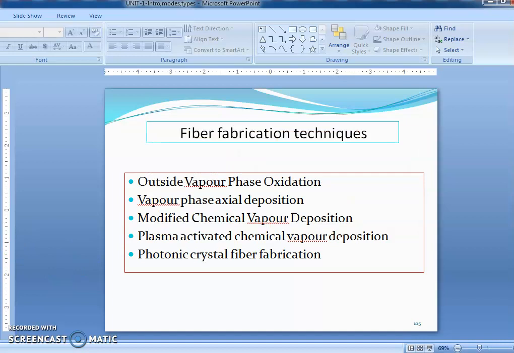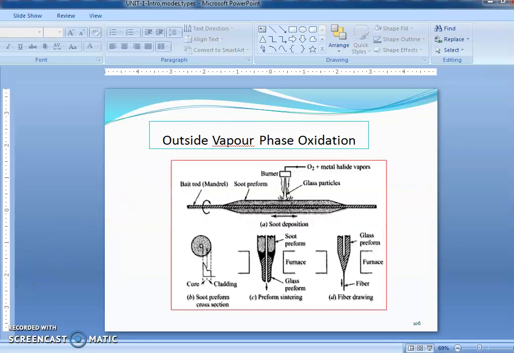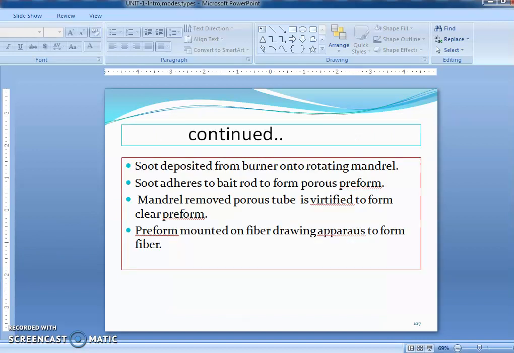Then fiber fabrication techniques. These are some of the fiber fabrication techniques: outside vapor phase oxidation, vapor phase axial deposition, modified chemical vapor deposition, plasma activated chemical vapor deposition, and photonic crystal fiber fabrication. This is a diagram of outside vapor phase oxidation.